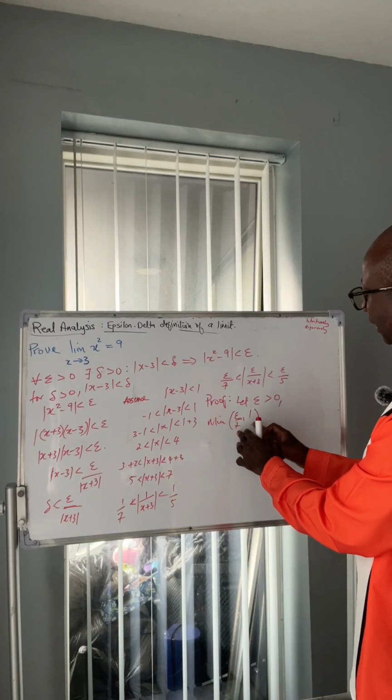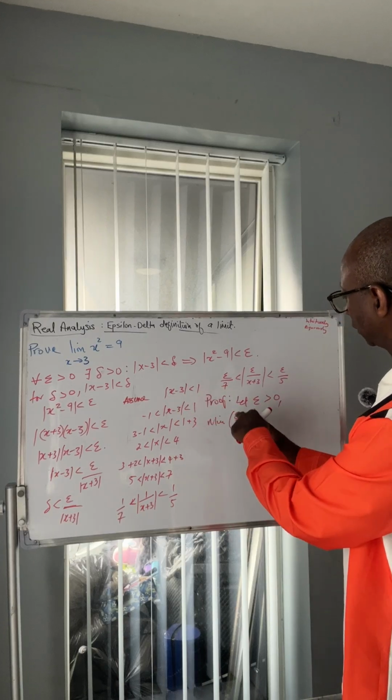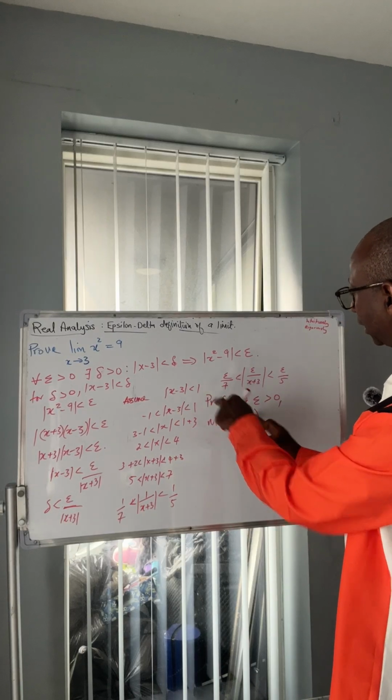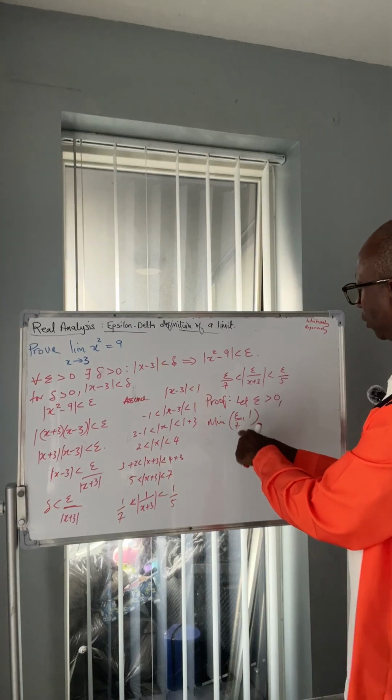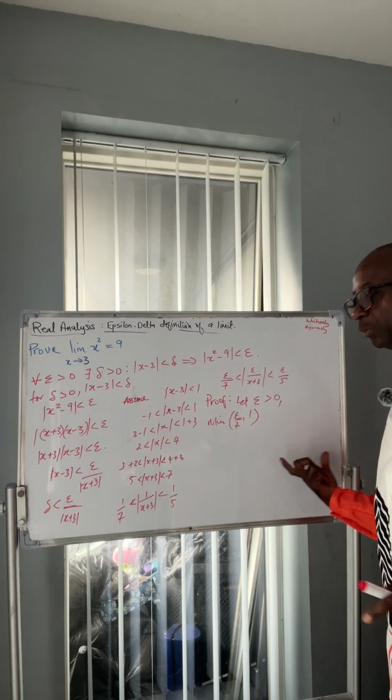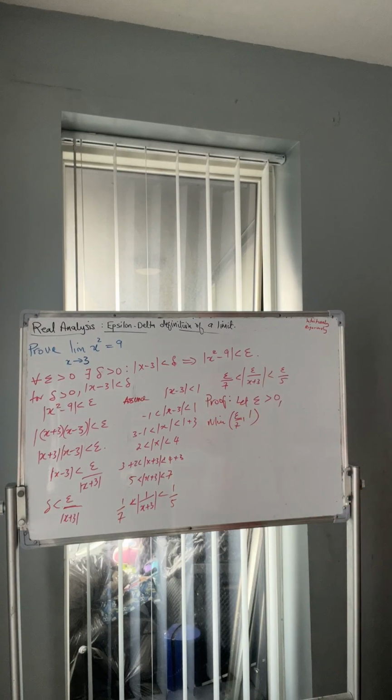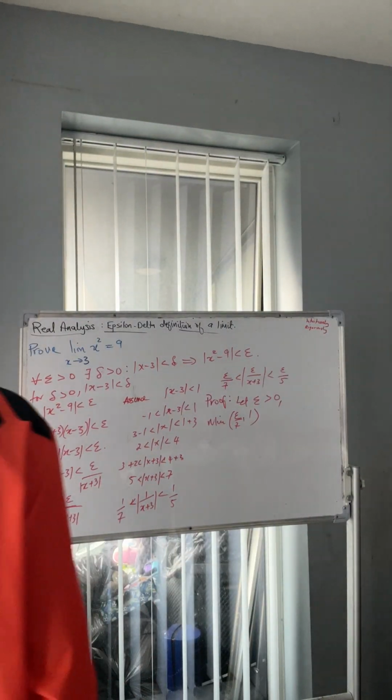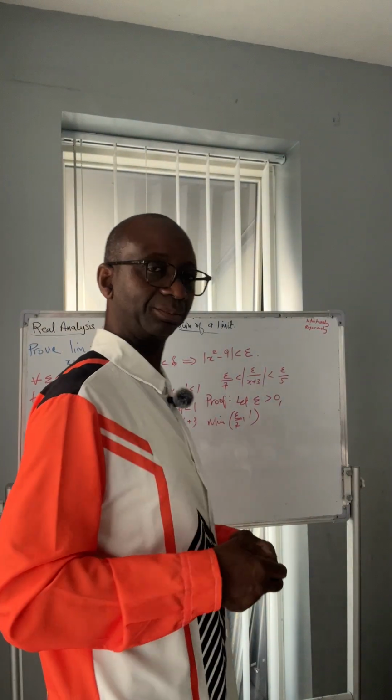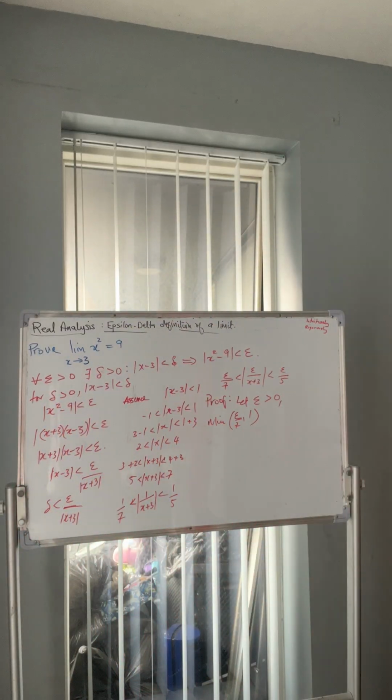Even to get this epsilon over 7, it was 1. So we now want to find the minimum of these two. The minimum is what we want to use in our proof.